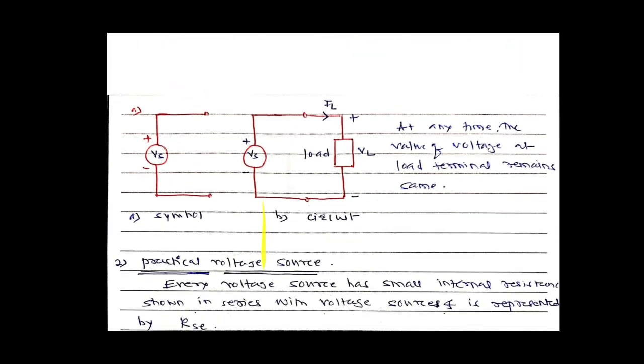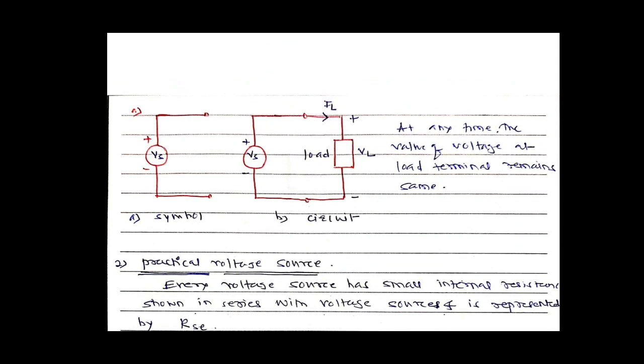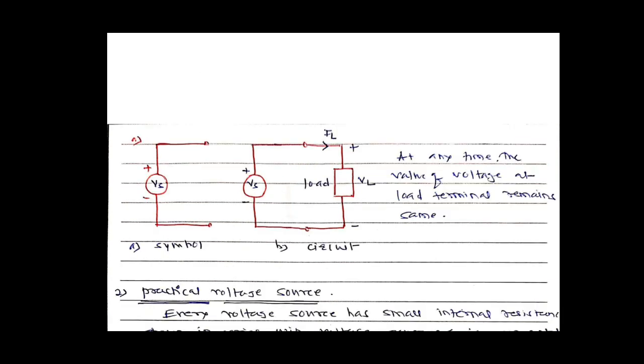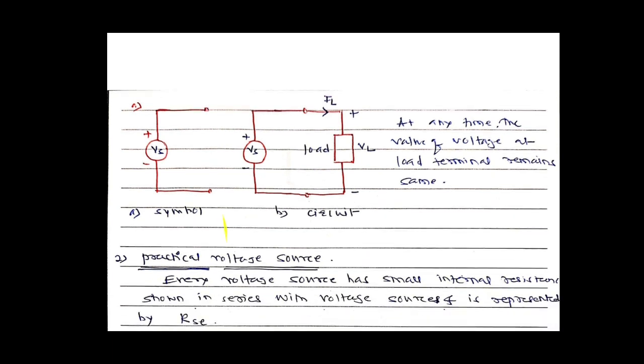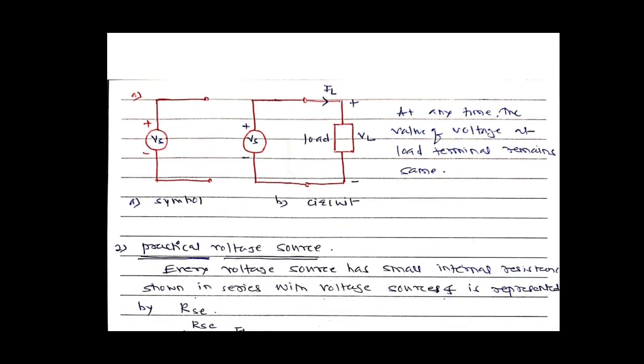So this is the symbol of the ideal voltage source. Figure A is the symbol of the ideal voltage source. The polarity is given as plus and minus. Here a load is connected at its terminal, and this is the load voltage.